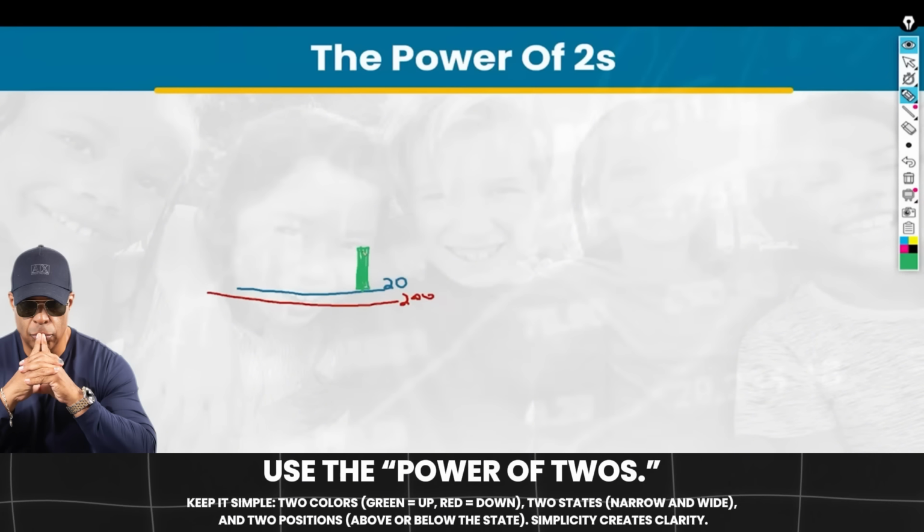Now we would teach the children, our trading kids, what's the highest probability in terms of direction right above a narrow state with a green bar. The probability is much higher this way than this way. It's not impossible for it to go down, but it's higher probability going up.